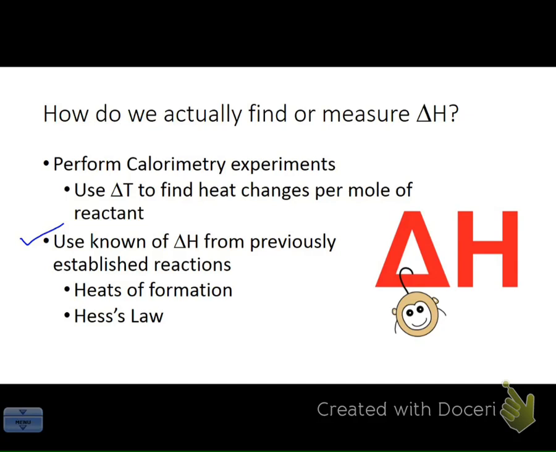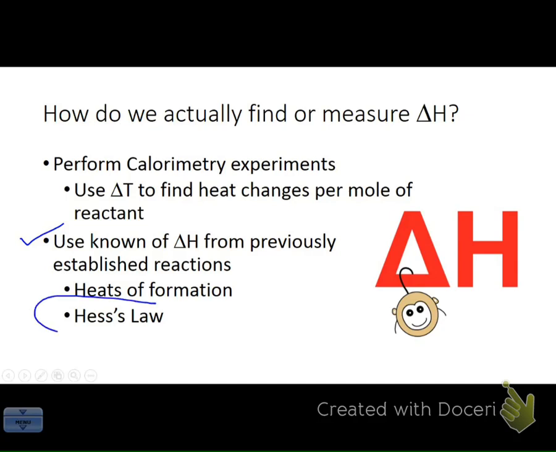These will be using values for each compound that you're looking at. It would be how to make that compound from its constituent elements in the standard state. For example, if you want to look at CO2, it would be carbon plus oxygen forms CO2, and you can use the table values for that. We'll do that in a subsequent video. But in this video, I want to look at Hess's law.